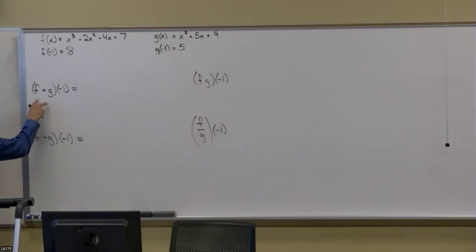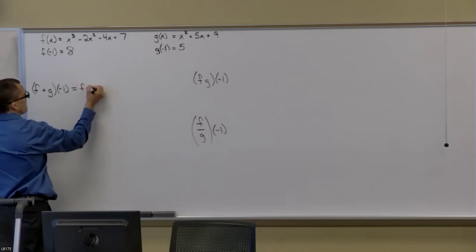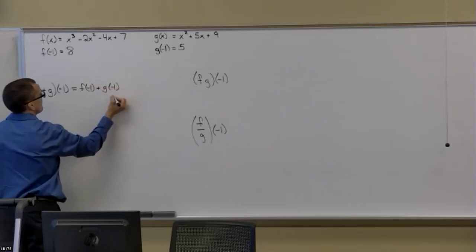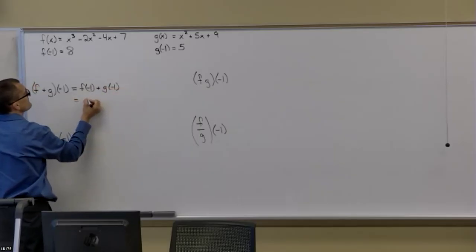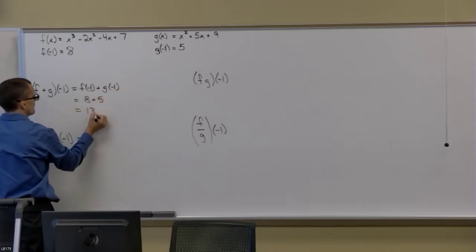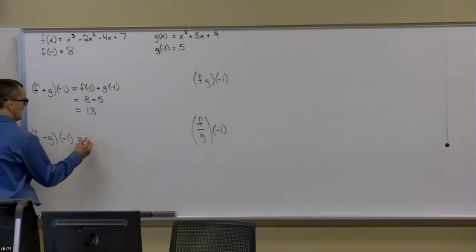But now, if somebody asks you what's f plus g of -1, all you have to do is say, well, that's f of -1 plus g of -1, which is 8 plus 5, which is 13. And it goes real quick with specifics.